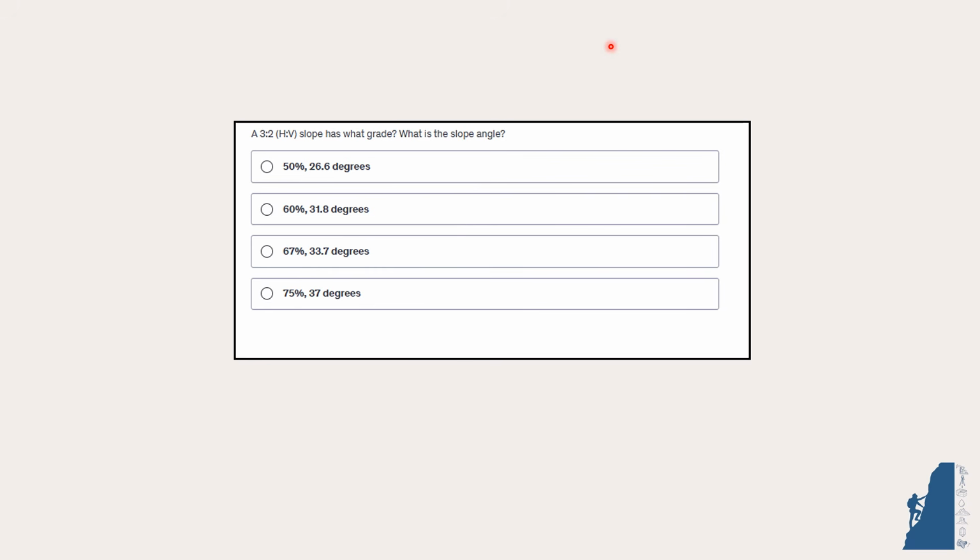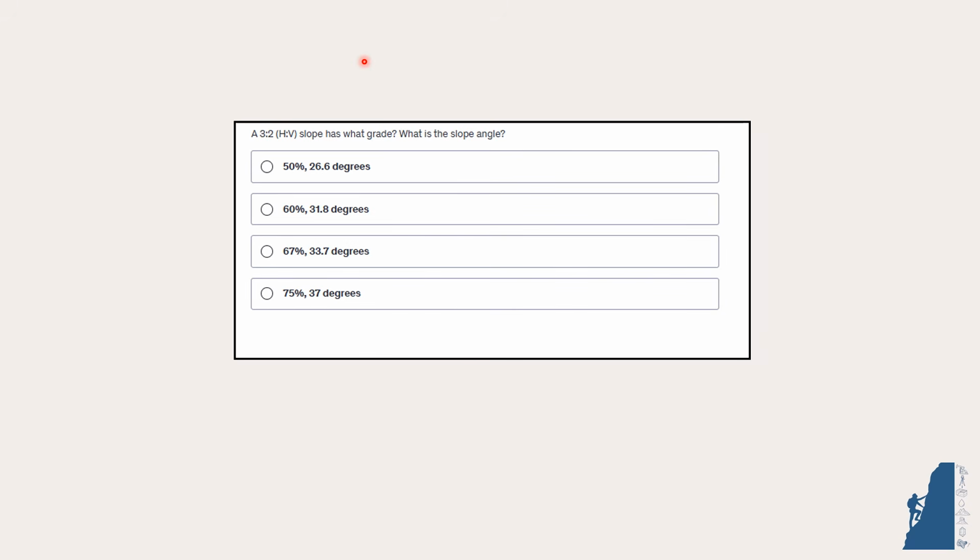Remember, slope grade is calculated as rise over run times 100, really basic math. So for a slope that is 3:2, the rise is 2 units and the run is 3 units. To find the slope angle, we'll need to also just use the inverse tangent function of rise over run.